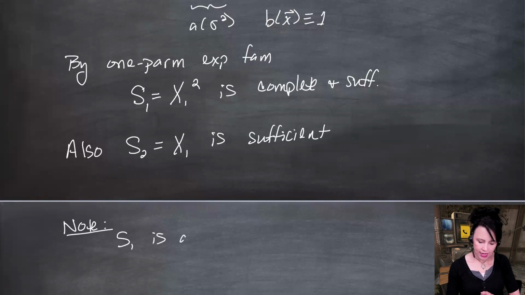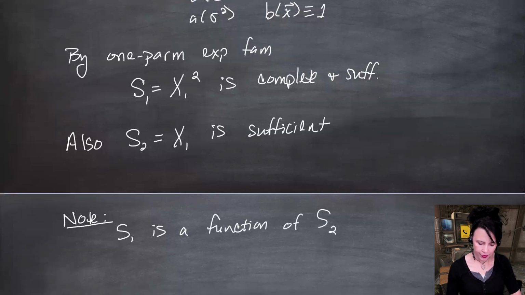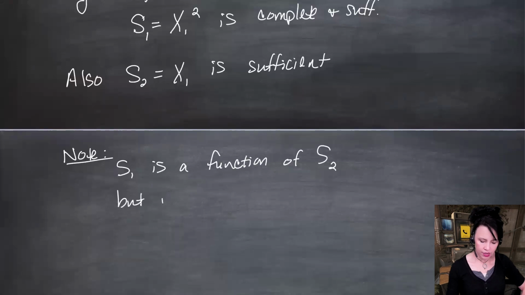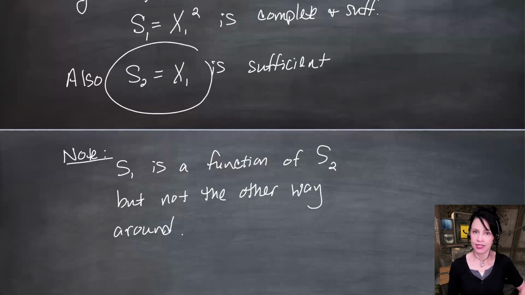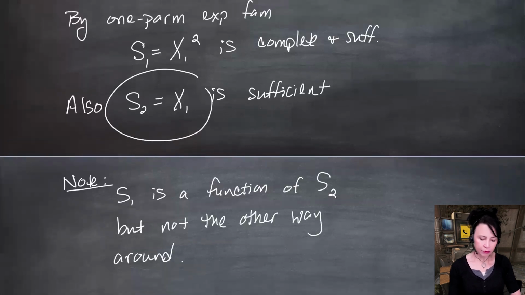S1 is a function of S2, but not the other way around. So even though this is a sufficient statistic of lowest dimension, it's not a minimal sufficient statistic. You can't get it back from knowing the value of x1 squared.